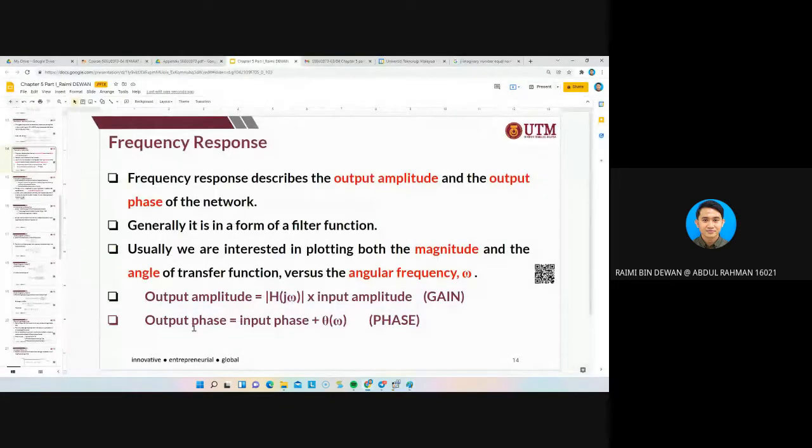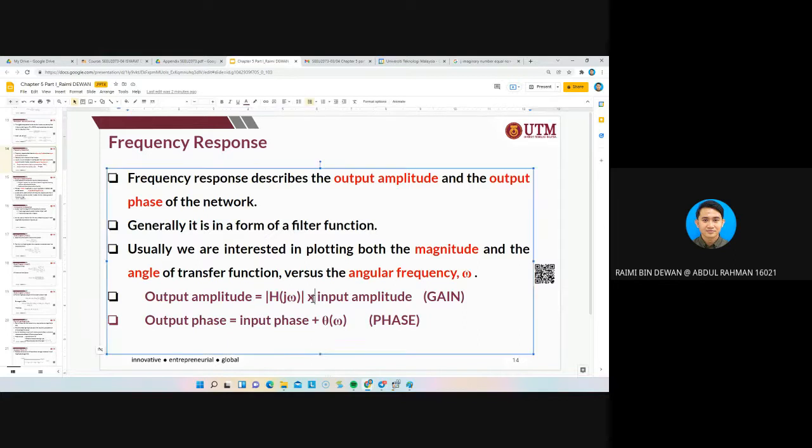Then you have an output phase, which is input phase plus phase. Output phase equals input phase plus the phase of your frequency response, which is your transfer function. This one, the phase of your H. So it is in plus form.